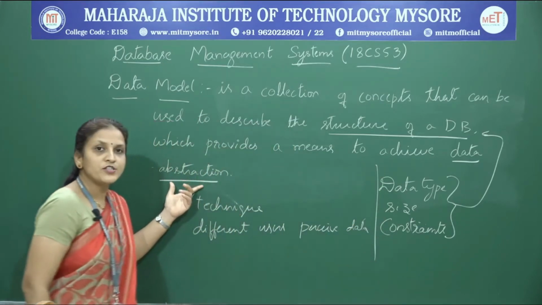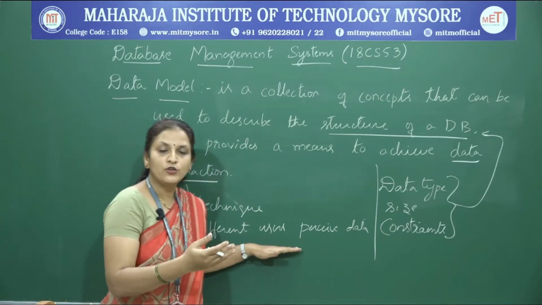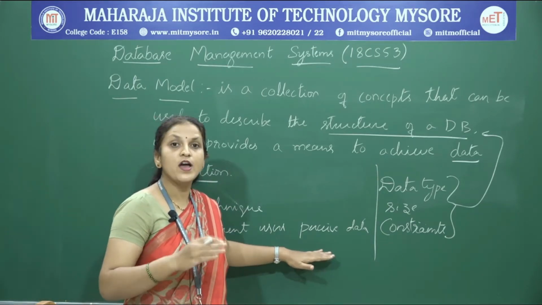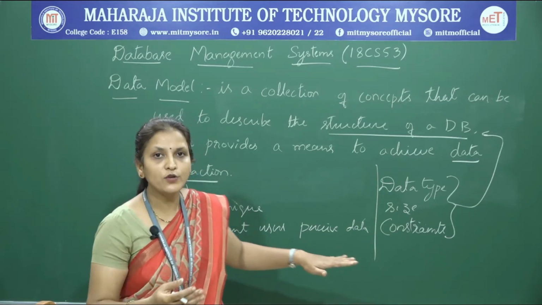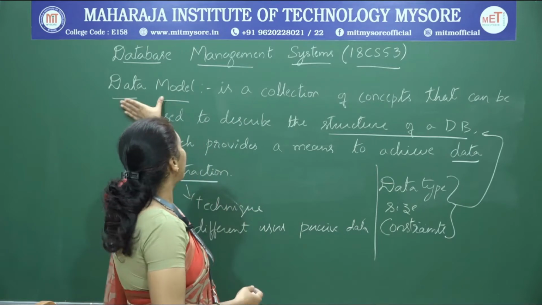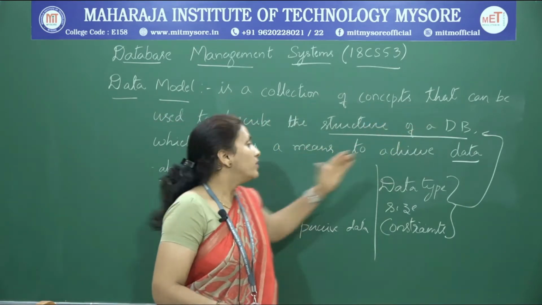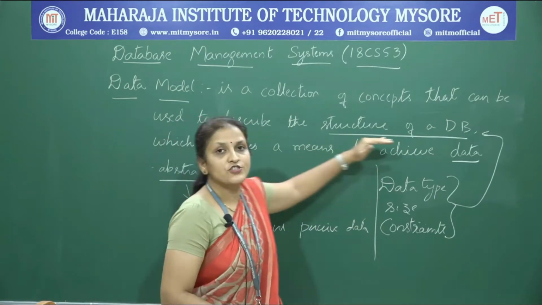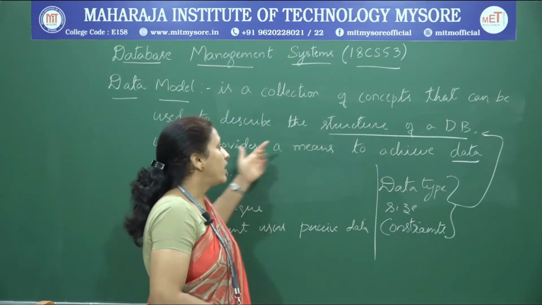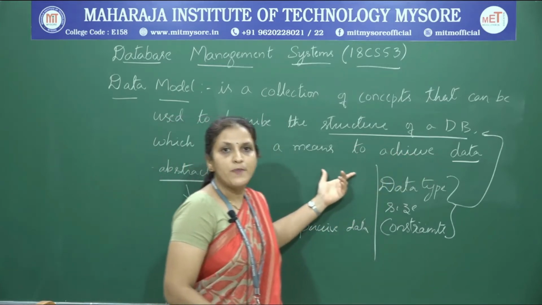So, data abstraction is a technique with which we are going to provide data to different sets of users in the way they perceive data according to their knowledge or their requirement. Okay? So, we can call data model a collection of concepts with which we can describe the structure of a database, thereby we can achieve data abstraction in our database.